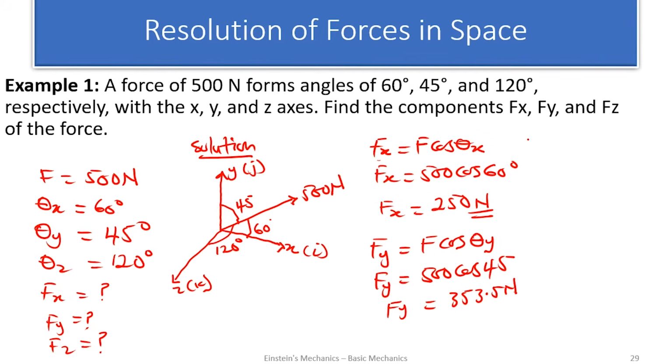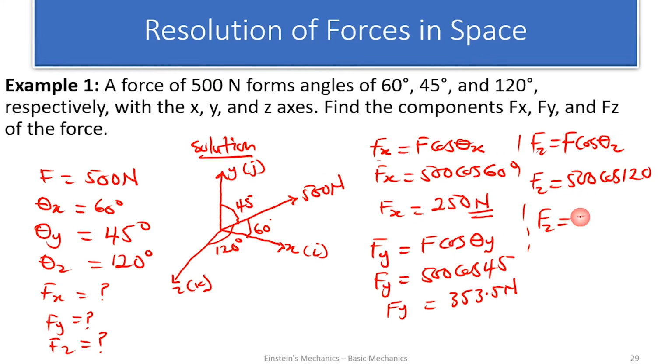The same thing if I want to find the component on the z, which is the magnitude cosine theta z. I'm getting f of z to be 500, the same magnitude, but the angle changes, 120. And my f of z is now giving me negative 250 Newton.